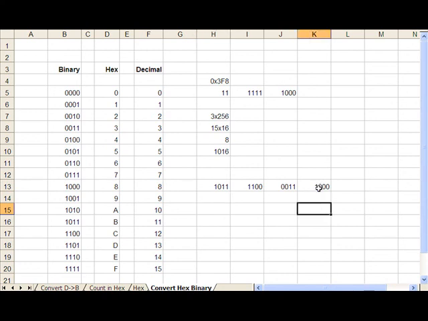So let's do the least significant 4 bits first. 1000 is the value 8 in hex, so let's put an 8 there. 0011 is 1 and 2, which is 3. 1100 is an 8 and a 4, which is 12, but in hex we're going to write C. And 1011 is an 8, a 4, and a 1, which is 13, but in hex we're going to write D.